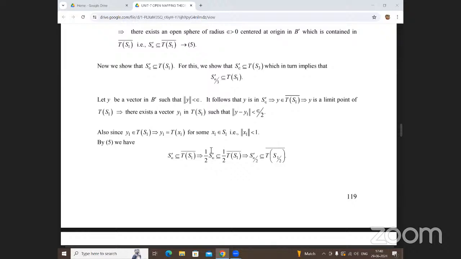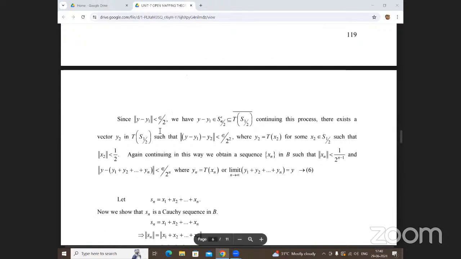So that is S'(epsilon/2) contained in or equal to closure of T. What is 1/2 into T(S1)? This is 1 into 1/2, so that is T(S1/2). Norm y − y1 is less than epsilon/2, so y − y1 also belongs to S'(epsilon/2), which is also contained in closure of T(S1/2).